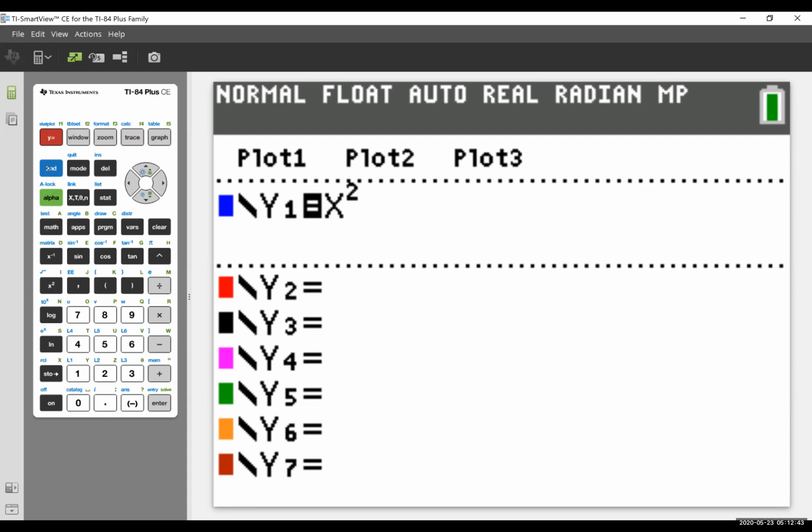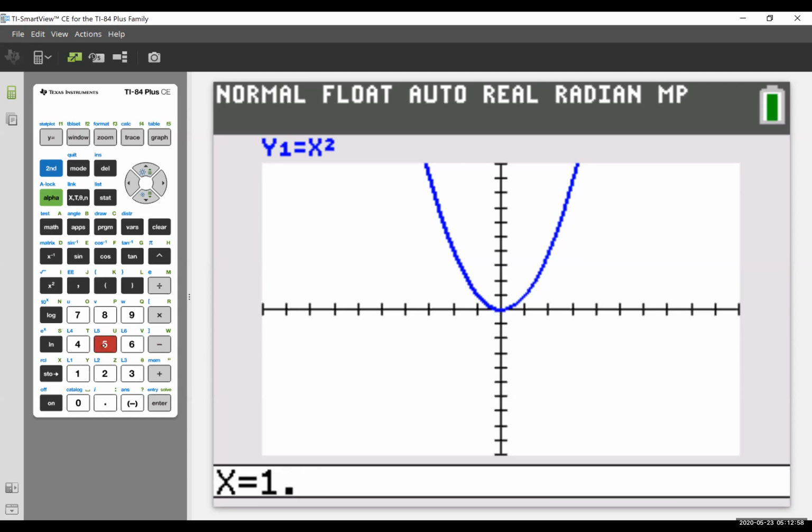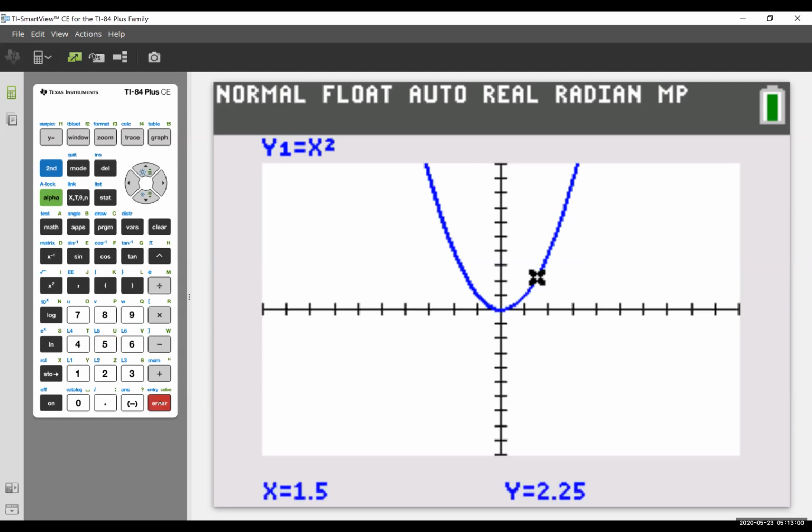We could go on the graph itself, and if you were to press trace, you can press the x value that you're interested in. So the next value on the table was 1.5. You could press enter, and it will show you where the corresponding y value is, and also give you the value of that corresponding y value.